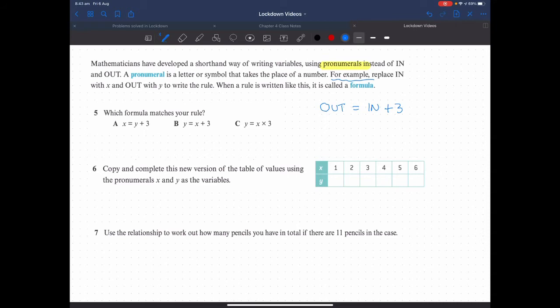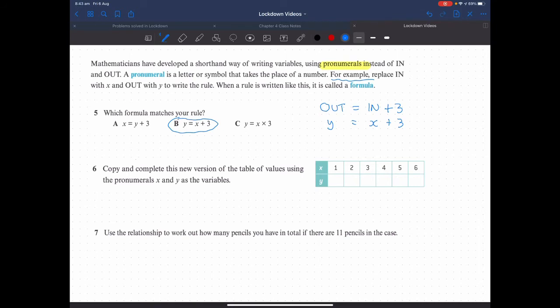So instead of writing in, I'm going to write x. And instead of writing out, we're going to write y. I'm going to put the equals and the plus sign in and the 3. So y equals x plus 3, which is option B.